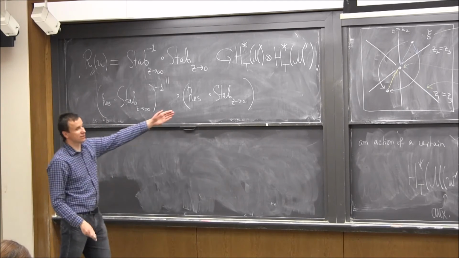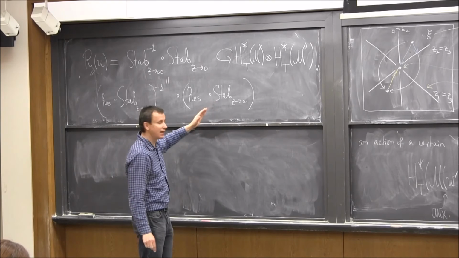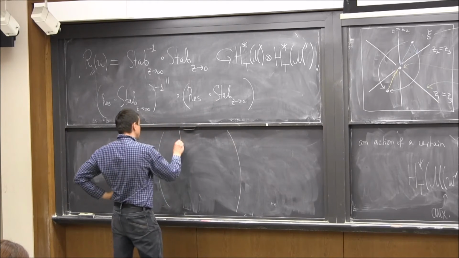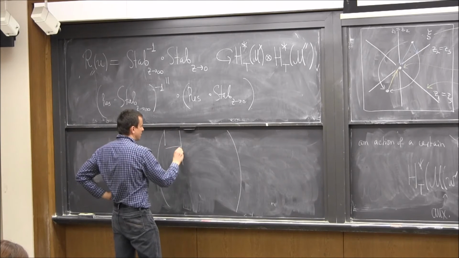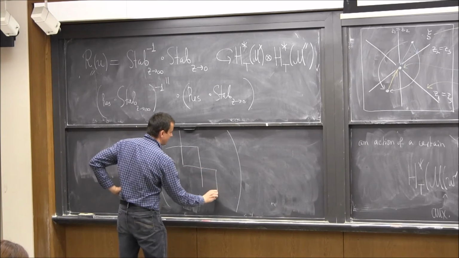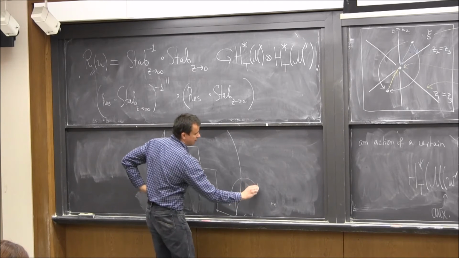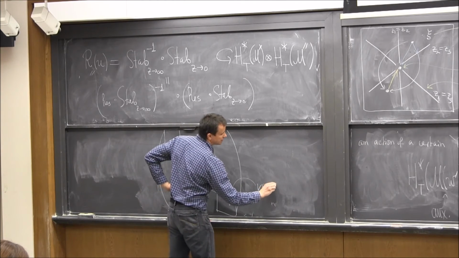So what is this matrix going to look like? This matrix is going to look like this. It will have some block triangular form. This corresponds to my fixed component, and this is my vacuum component here. This is the smallest one.